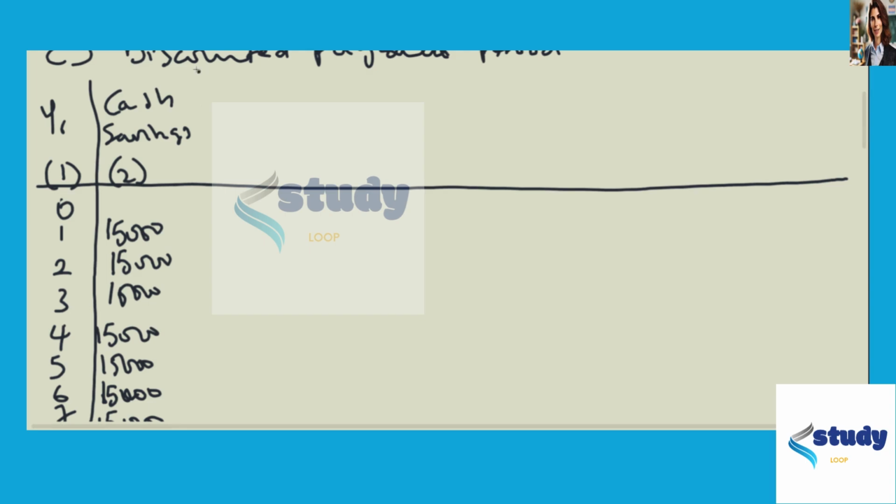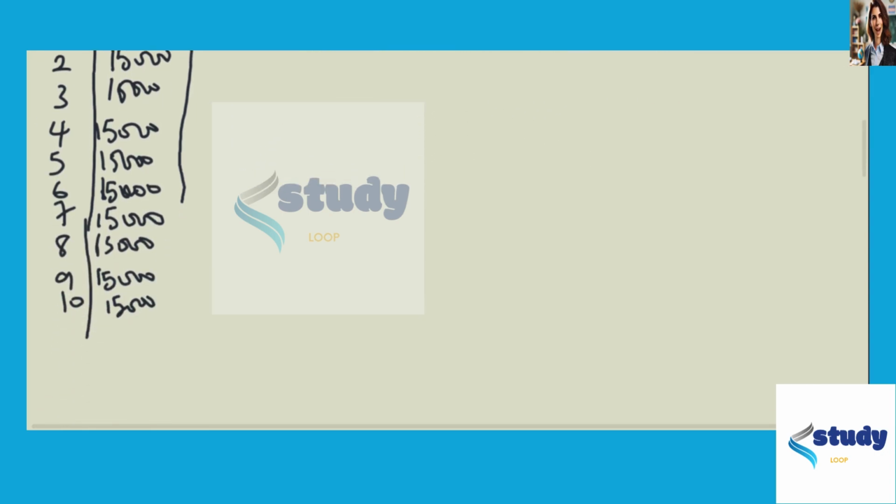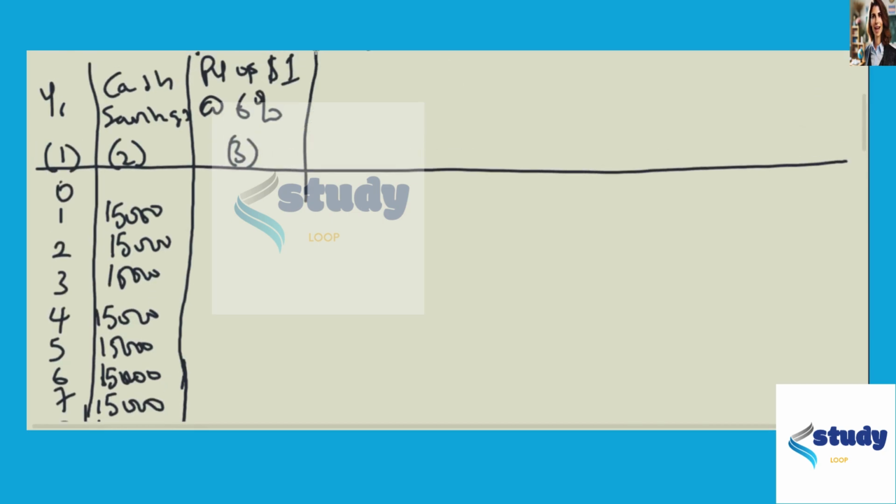And then the next one is the present value of $1 discounted at 6%. And then we have the discounted cash savings, and this is 2 multiplied by 3.